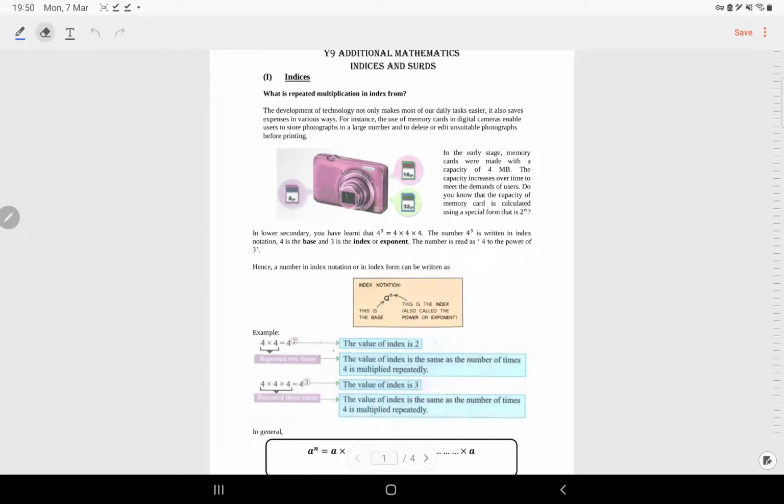Before we talk about indices, just to show you one real life application where indices is applied. One of the applications is in memory cards, for digital cameras, and also for USB.